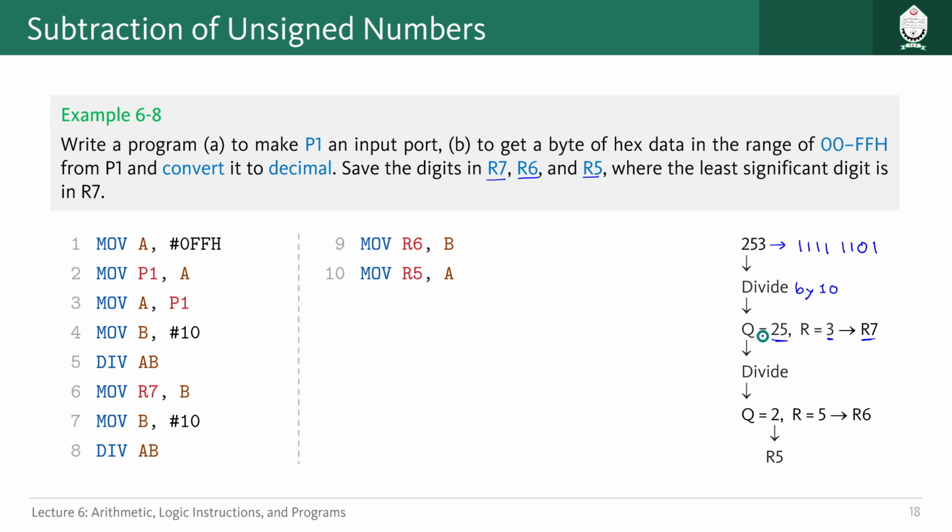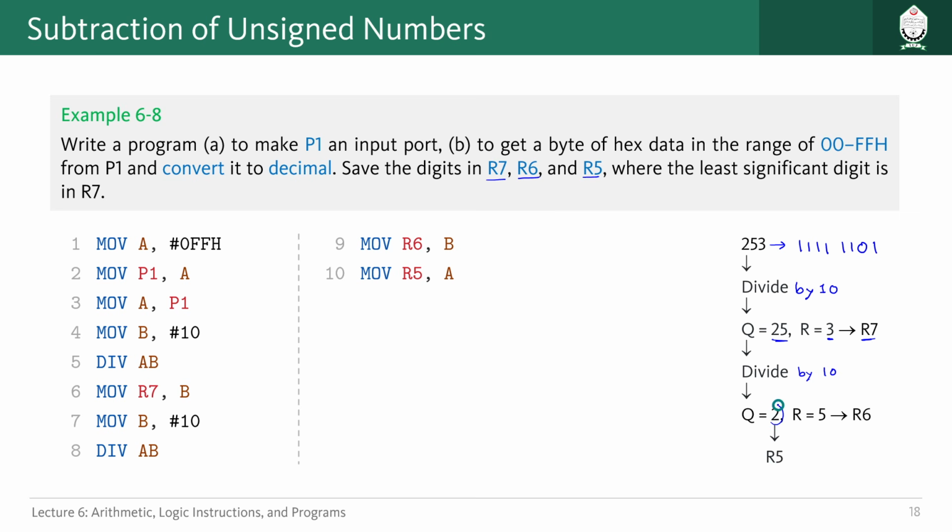Then again we are going to divide by 10. If I divide 25 by 10, the quotient will be 2 and the remainder will be 5. 5 will be saved in R6, and then this 2 will be saved in R5.